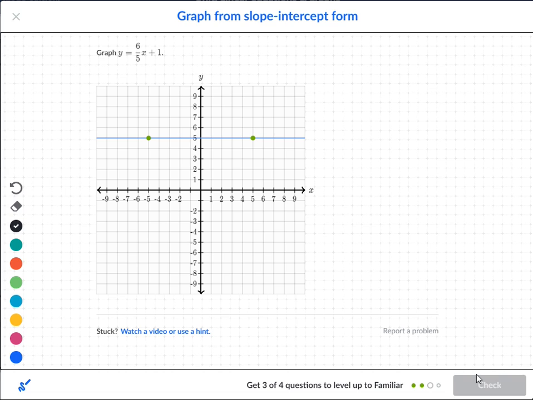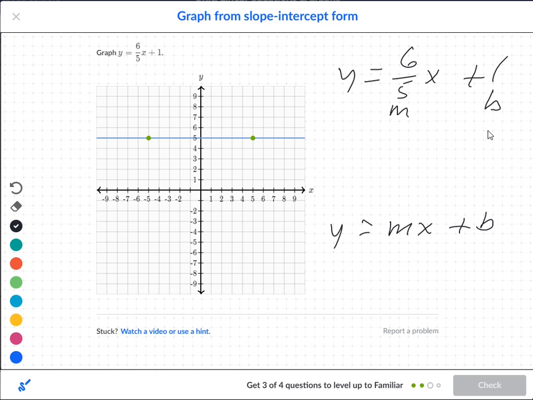Okay, next question. We've got y is equal to 6/5 x plus 1. So again, y is equal to mx plus b. This is your m, this is your b.